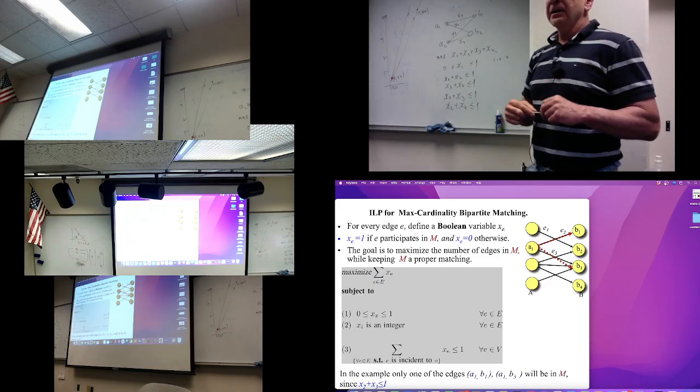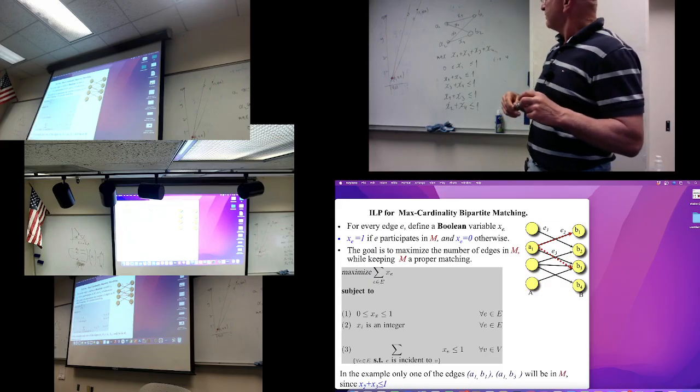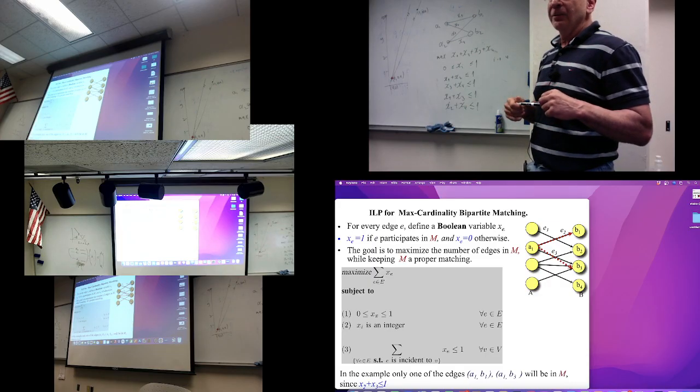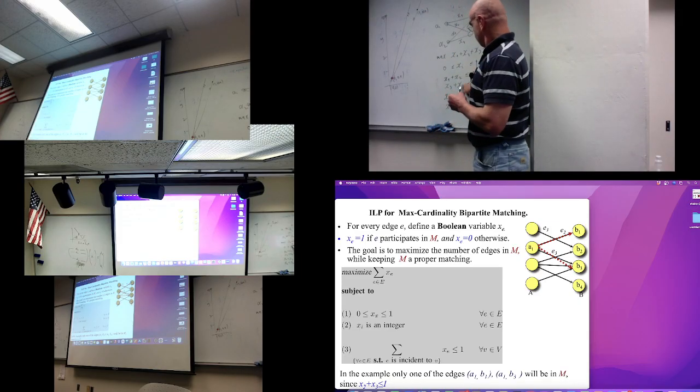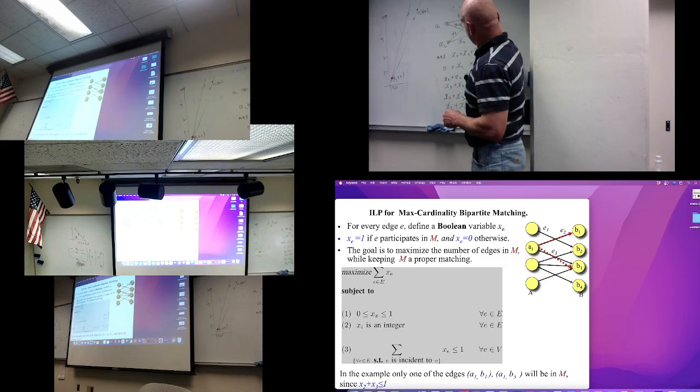I said that I required a monogamous relationship here, but I can run the LP on this problem, and it's quite likely that the solution to this problem, looking at all these constraints, would be 0.5, 0.5, 0.5, and 0.5.